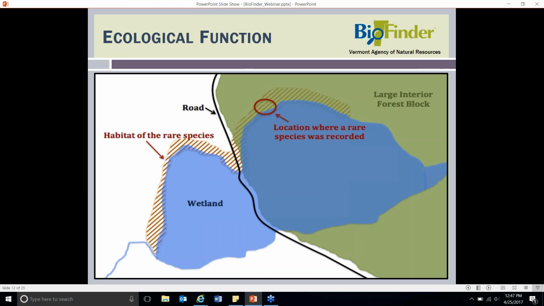But when we look at that now, we realize, well, that rare species is probably there, and maybe even that natural community, that uncommon location where it was found, that's probably there, not just because that happens to overlap, but because it's part of a bigger wetland. And if you want to protect the wetlands, then you really need to protect the watershed, which is part of that larger interior forest block. They're all connected together.